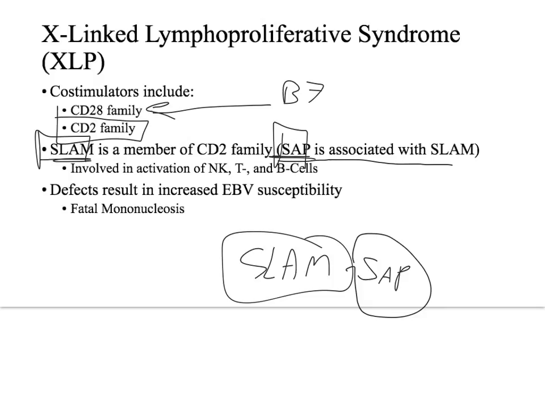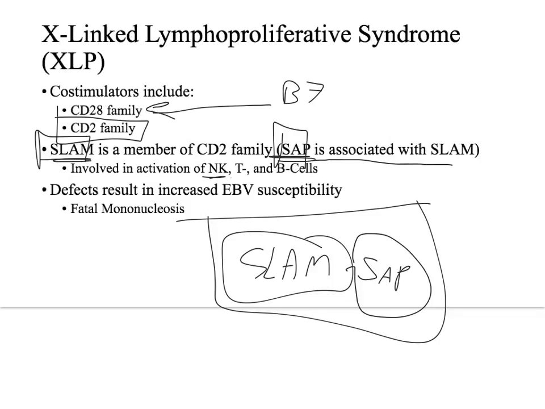So these two proteins can form up this subset of CD2 family receptors, and they're involved in the activation of natural killer cells, T cells, and B cells. They can be alternative co-stimulation pathways, not very well characterized.